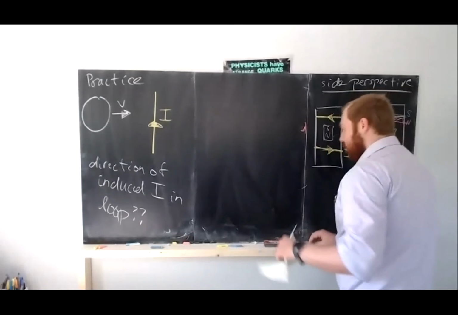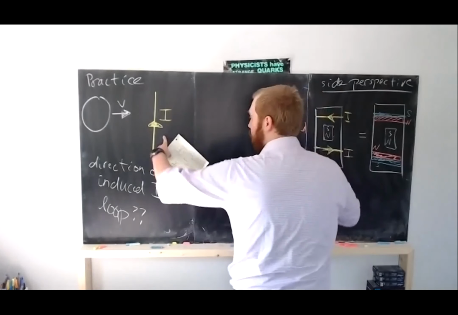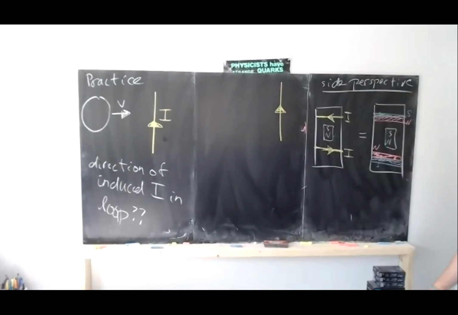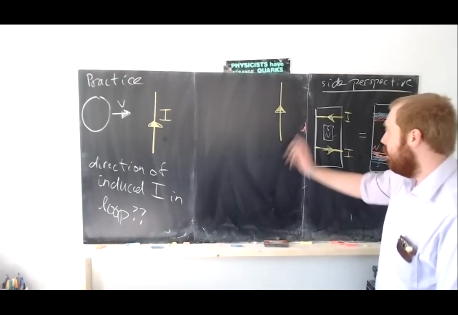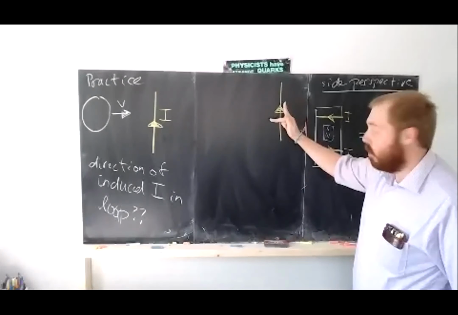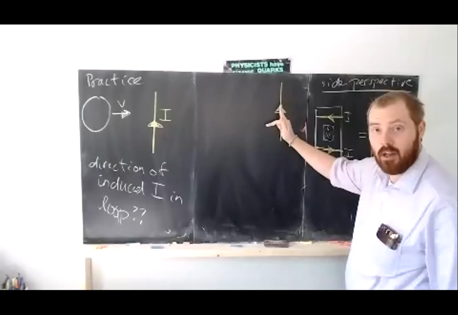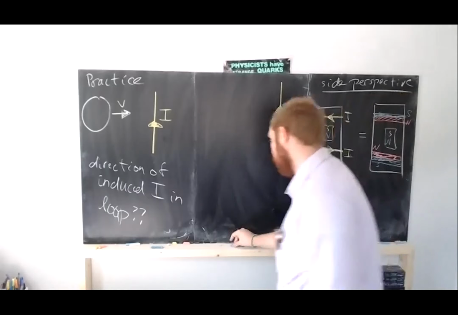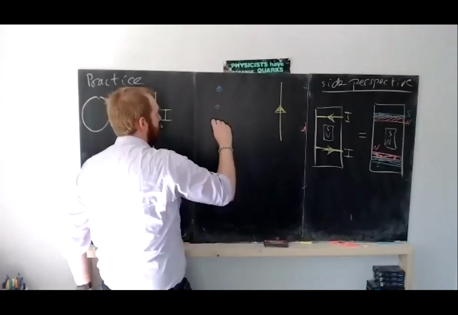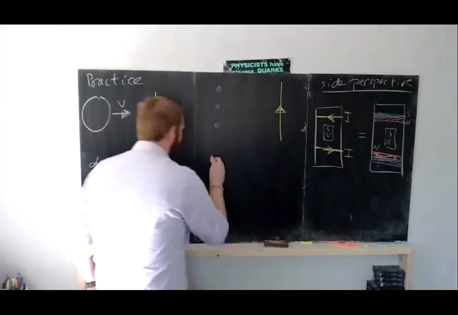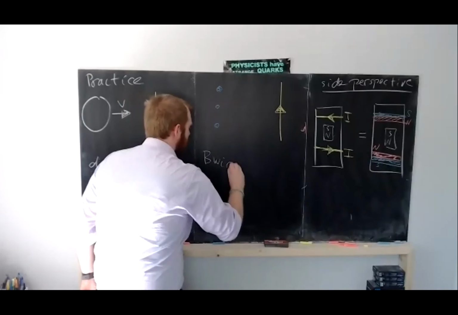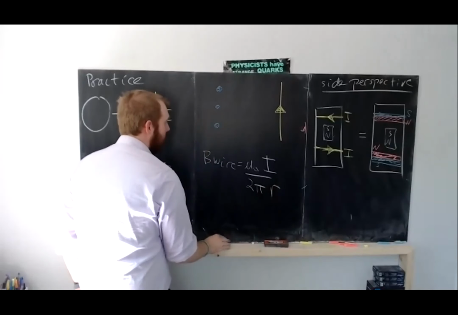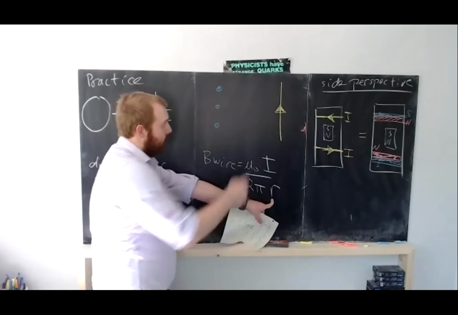So, way to figure this out, let's look at the current itself, just the current, and what magnetic field that current makes. So, right-hand rules, current's going up. If I measure to the left of the current, I see a magnetic field coming out of the board. As a reminder, the field of the wire is mu naught I over 2 pi r, where r is the distance from the wire.